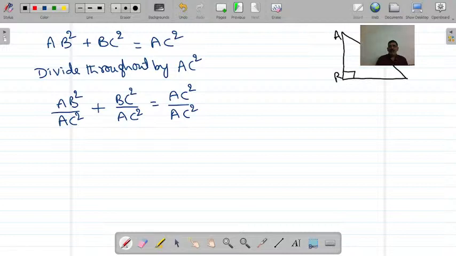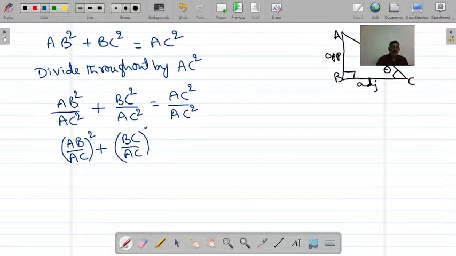We consider this angle like theta, your hypotenuse, opposite, adjacent. Good. Now here simply we can write this like AB by AC whole square plus BC by AC whole square equal to AC by AC whole square.